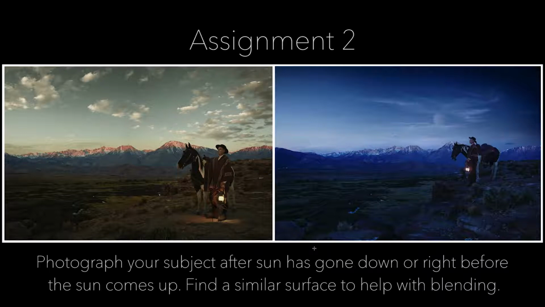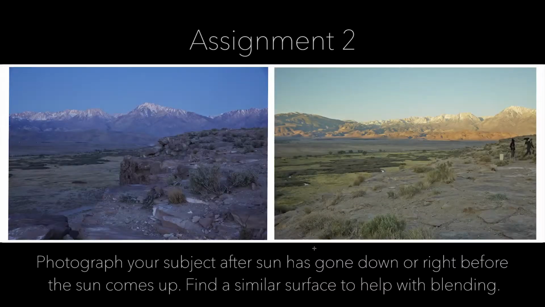In some ways, it's similar to the car crash where you have the girl in the water. In this case, you would seek out a similar surface, rocky, sandy, stony, and that will make the composite piece so much easier, so that we don't just cut out the legs and put it on there, but we actually blend the areas around. It's a big part of my compositing to not cut out legs, to not create fake shadows.